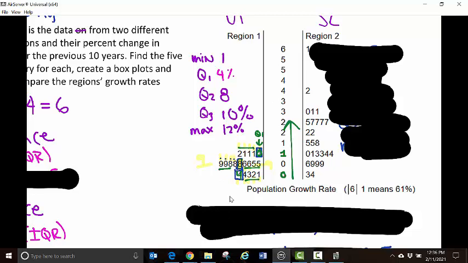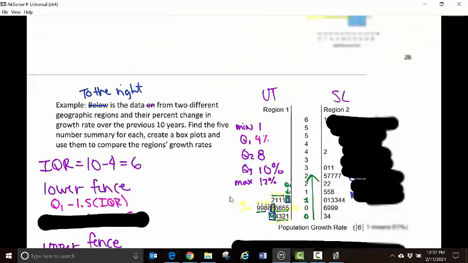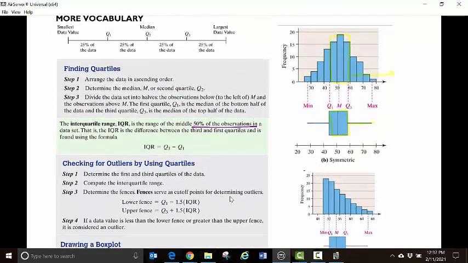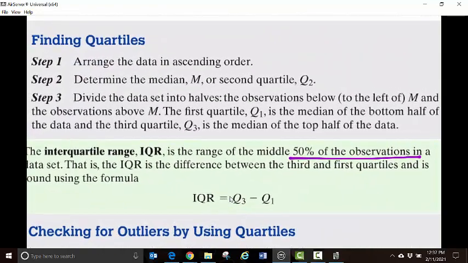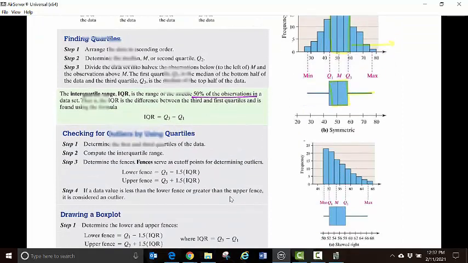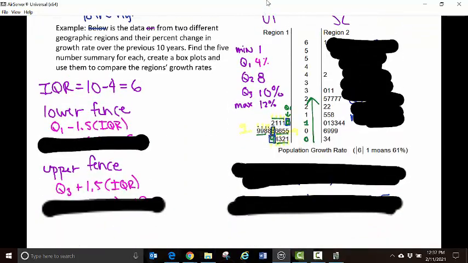Put all the numbers in order, find the middle number, and then the middles of the middles, okay? And how to do that, if you need help, is right here in steps, okay? But I am totally fine if you put the data in a calculator and crunch the numbers, okay?